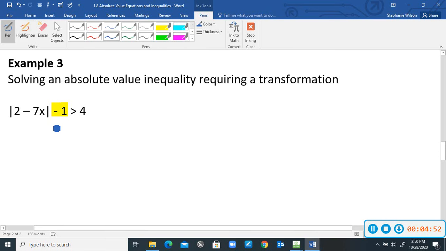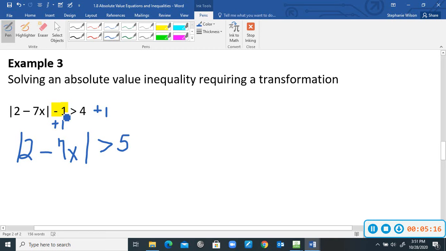So let's add it. But remember, what I did to this side of the inequality sign, I have to do over here. So now I have the absolute value of negative 2 minus 7, and then 4 plus 1 is 5. So now, check.